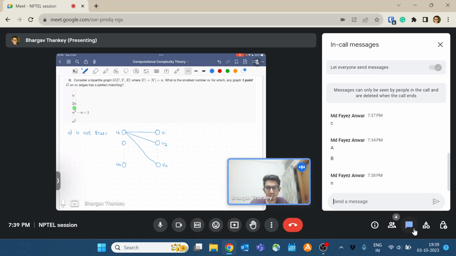So there are graphs with n edges which have no perfect matching. You can also similarly show that B is false by just adding these edges. The graph will have 2n edges but no perfect matching.